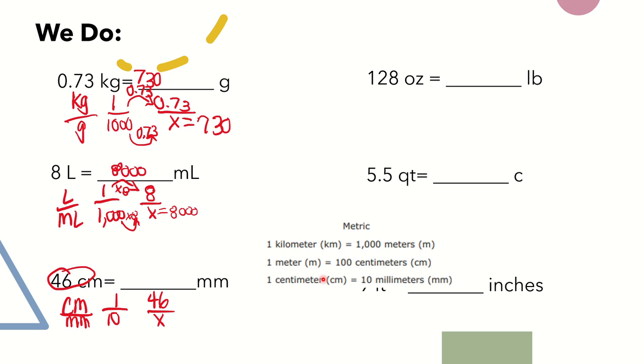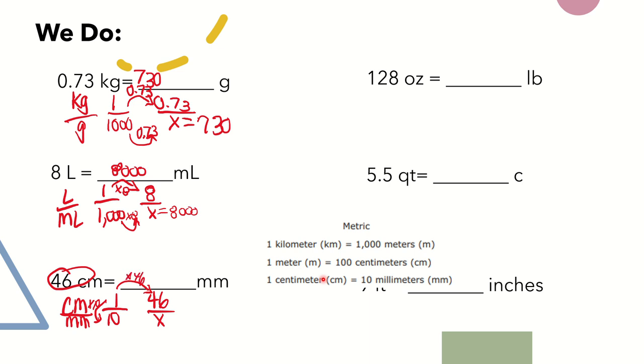Again, there's 2 relationships that I see. It does not matter which one you use. We can go 1 times 10 gives me 10. And whatever I do to one side, I do to the other. Or we can do 1 times 46. And again, whatever I do to the top, I do to the bottom.